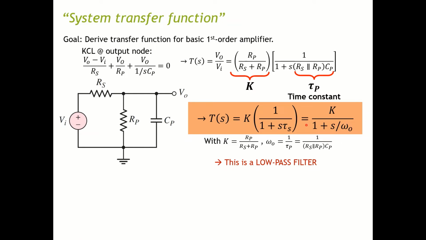Therefore, your gain will drop down as you increase the frequency. Therefore, this is for low pass. For low frequency, it has a constant gain of K. For higher frequency, it starts losing its gain. So therefore, you can call it a low pass filter. And this circuit is called a parallel load capacitor circuit.